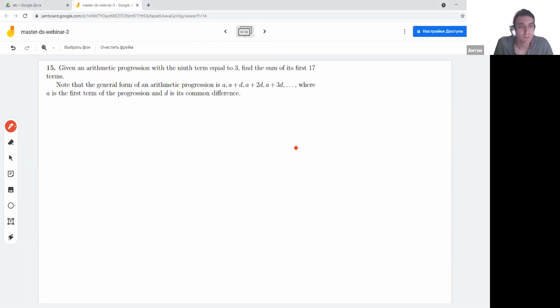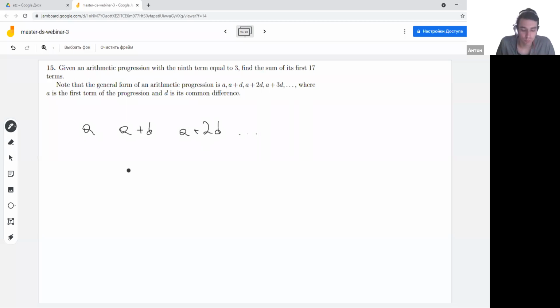So let's move further. Problem number 15 asks about an arithmetic progression. An arithmetic progression is a sequence of the form a, a plus d, a plus 2d, and so on, where a is the first term and d is the common difference of the progression.